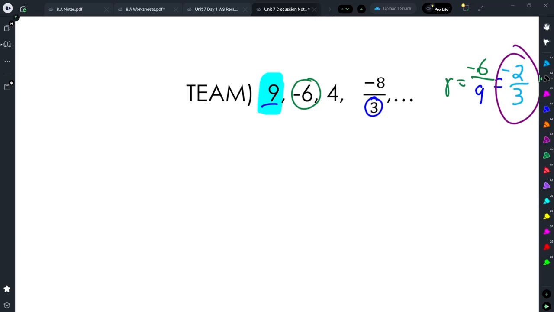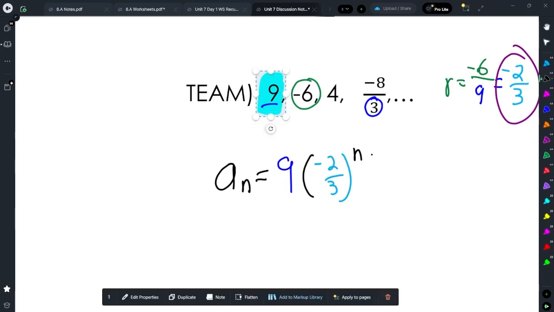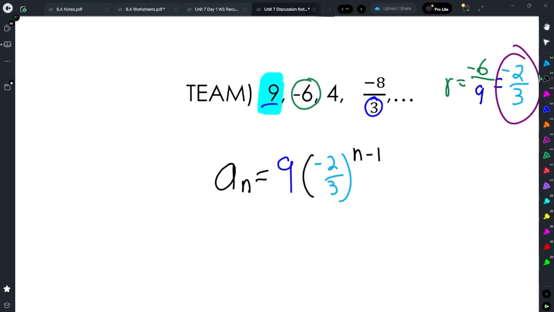So we're going to use the geometric sequence formula. a sub n equals that first term, 9, times the r value, -2/3, raised to the n-1 power. So again, anytime your signs are alternating, that is a good indicator that it's geometric.